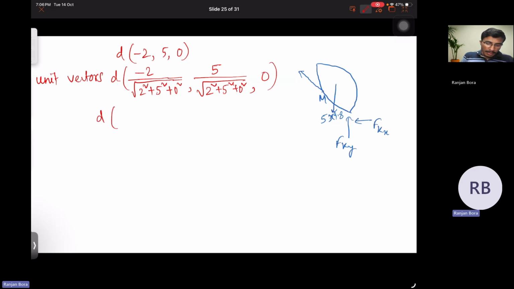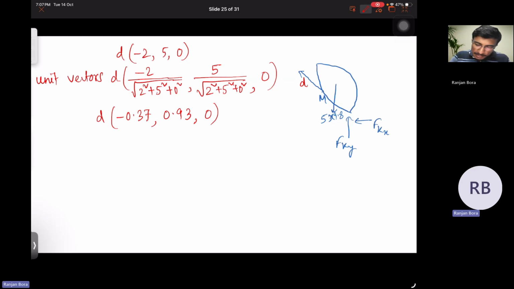So it will be minus 0.37, comma, 0.93, comma, 0. So this is the unit vector of the direction of this muscle force.